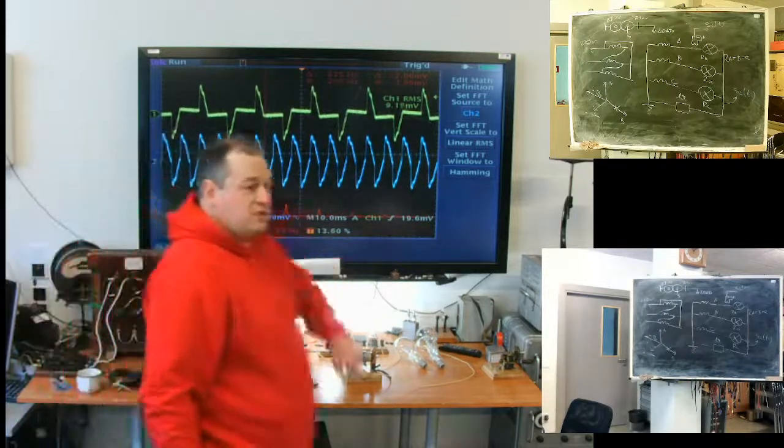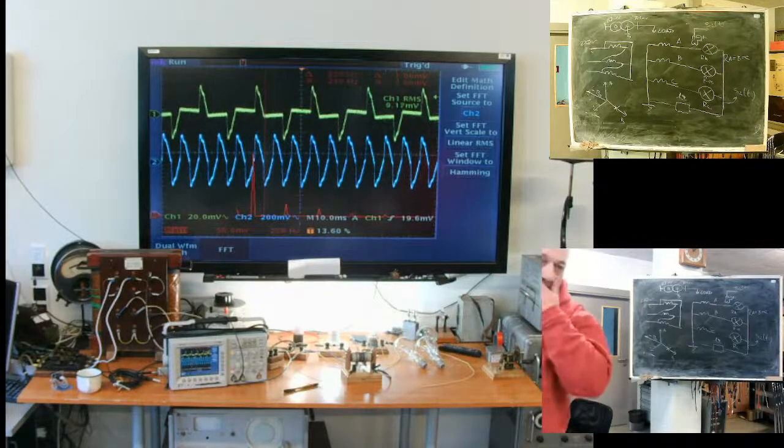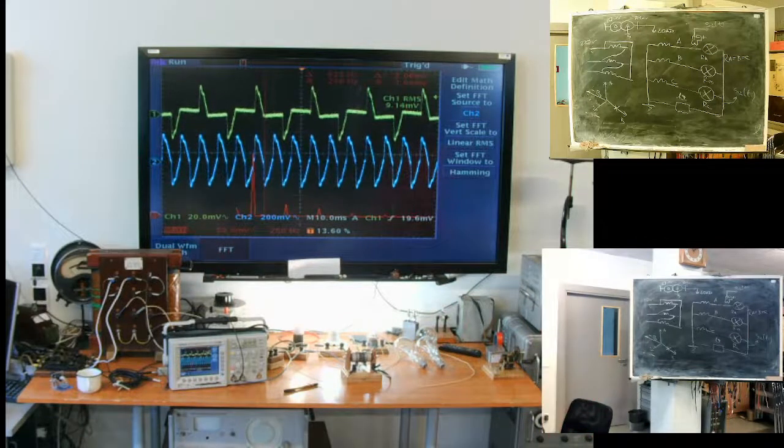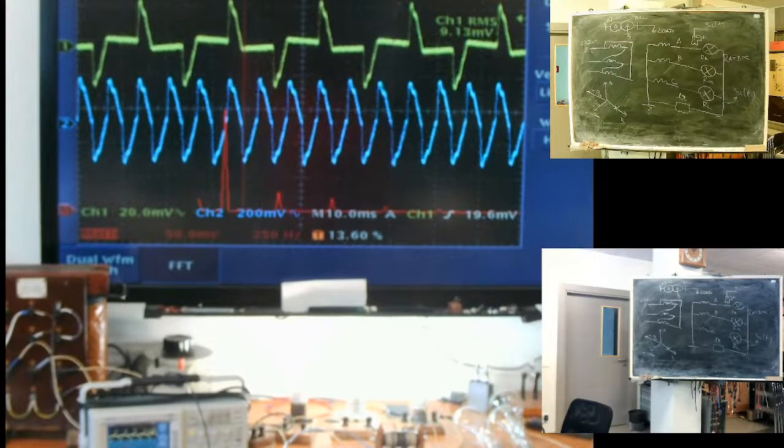I have switched on the Fourier analyzer. Maybe I will enlarge it. A larger spectrum.